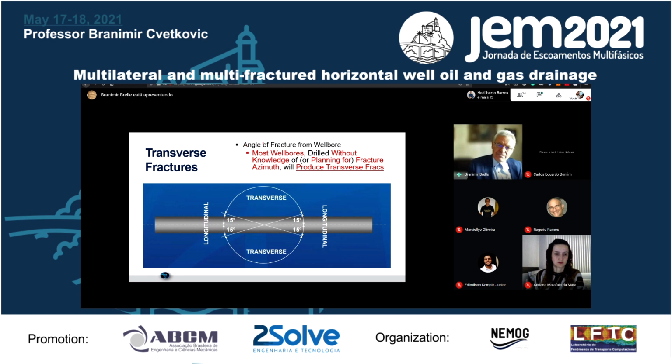So the angle is the most important part of the fracture from the wellbore. Most wellbores are drilled without knowledge of the azimuth. That is the azimuth, you see. And without that knowledge, you will produce a transverse fracture. Okay?